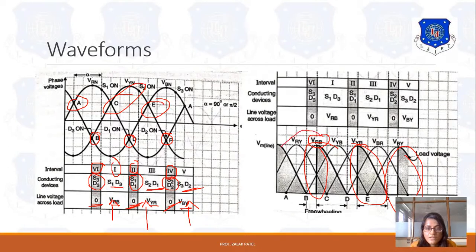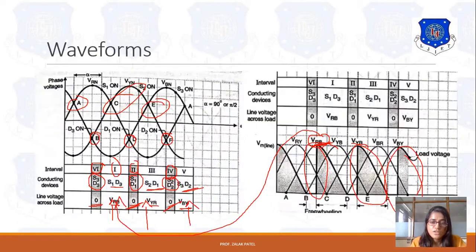That's why this VRB will appear over here, because due to freewheeling action this VRB is there. And that's why during interval 1 VRB is present, which means a small line voltage will be present for this operation. So this is the 3-pulse operation.